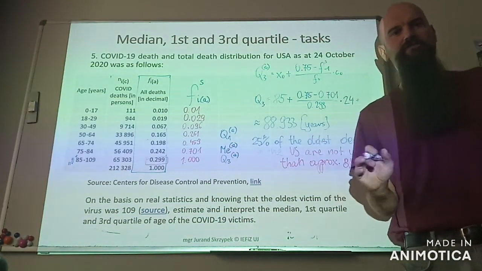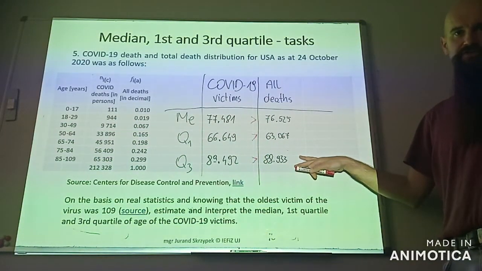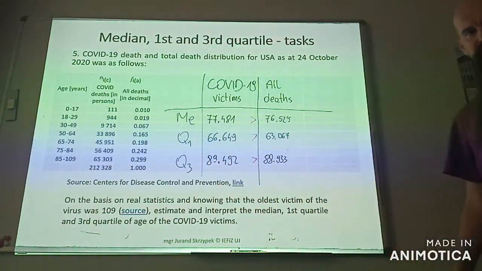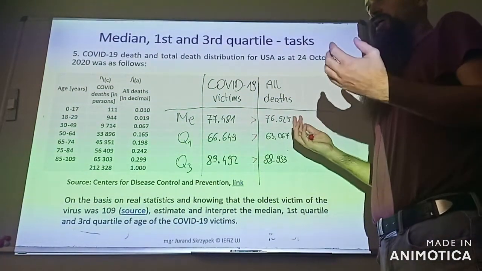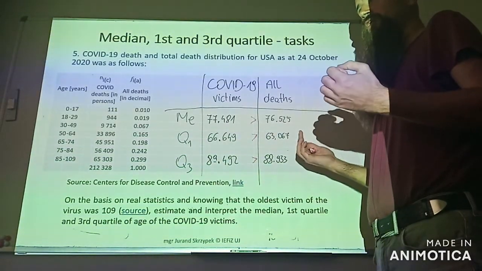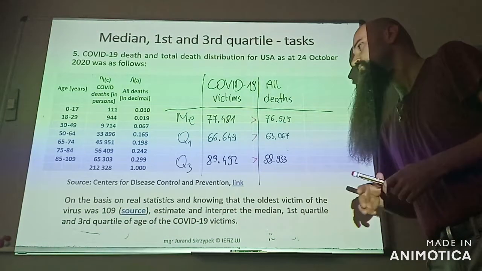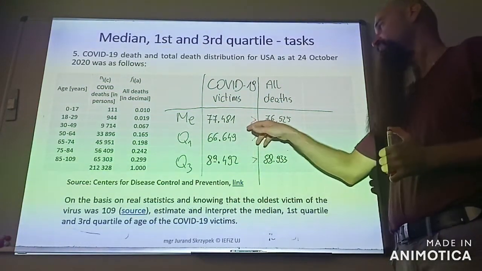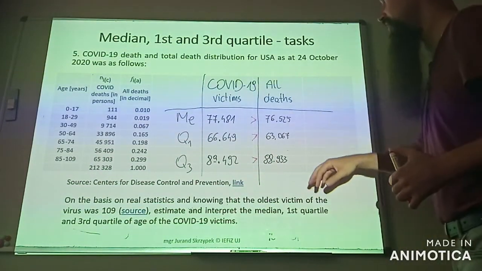Let's compare the results. Here we have a summary table which contains something like a juxtaposition of the measures. As you can see, a general trend, general regularity can be perceived here. Namely, the measures related to the COVID-19 victims are generally higher than the measures computed for the all deaths.